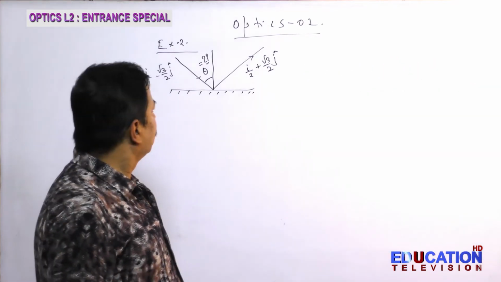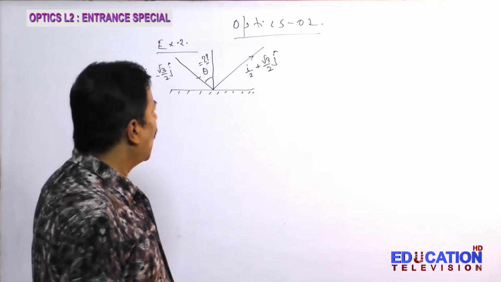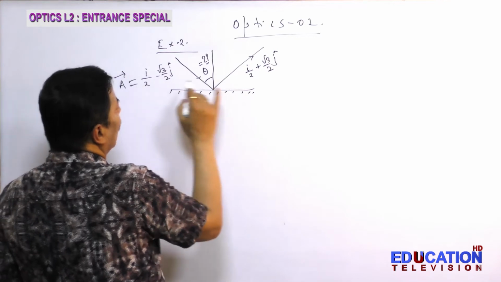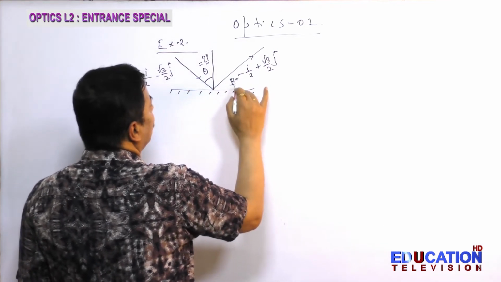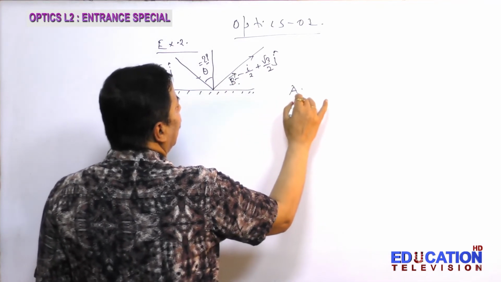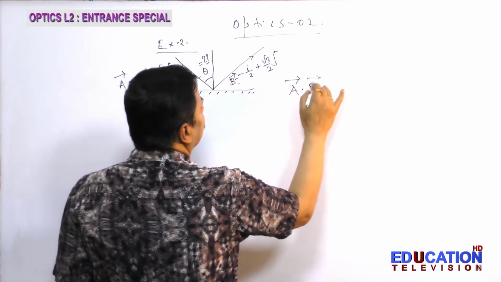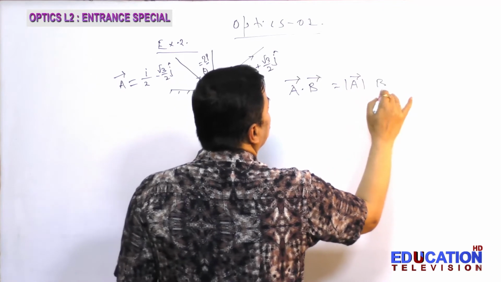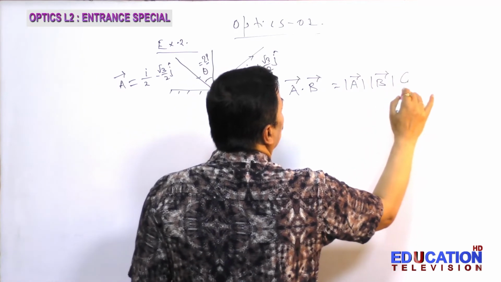If I take this vector as A and this vector as B, then A dot B equals magnitude of A times magnitude of B times cos theta.